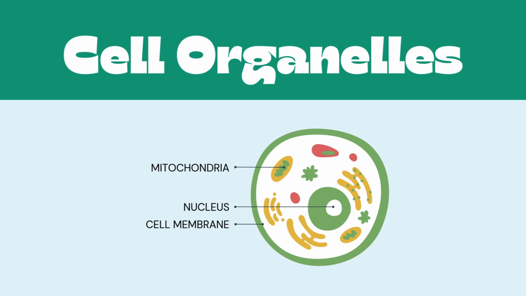And we learned about three important structures: mitochondria, nucleus, and cell membrane. The mitochondria generates energy necessary for cells to function, playing a key role in metabolism and therefore drug metabolism. The nucleus contains the cell's genetic material and is responsible for regulating gene expression and cell division.